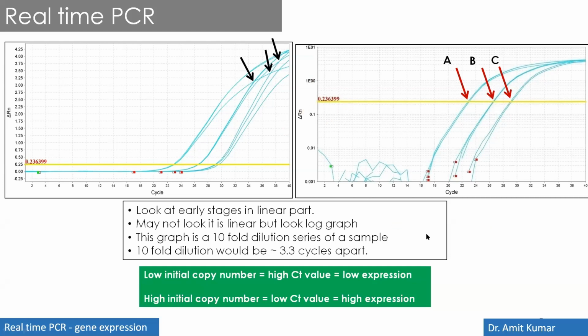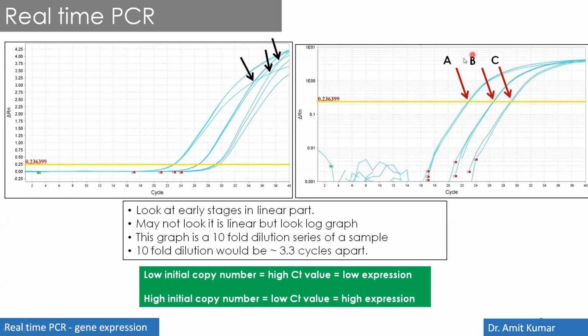So I hope it is clear that the whole concept for real-time PCR to understand gene expression is to evaluate the cycle number where the fluorescence intensity exceeds the threshold line. So that particular cycle number we count.